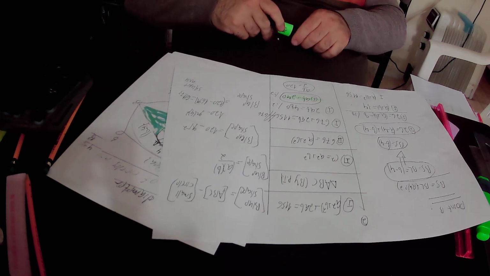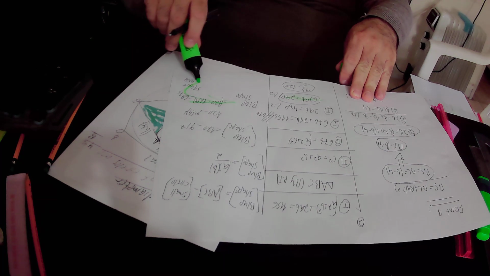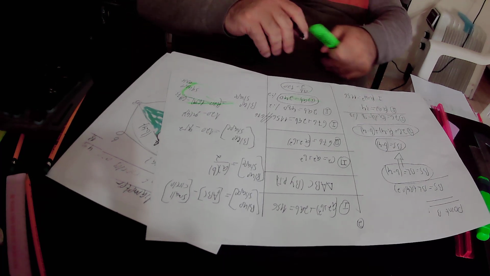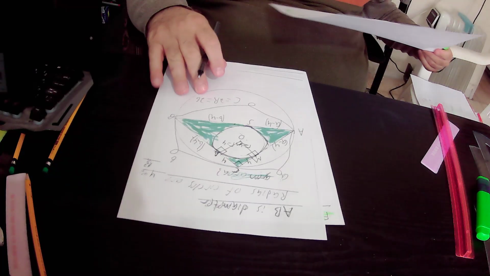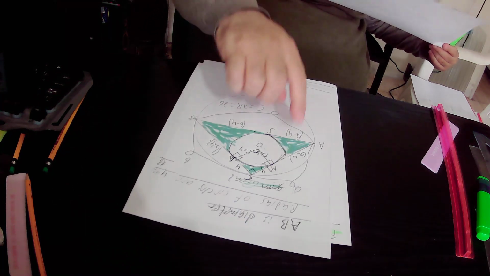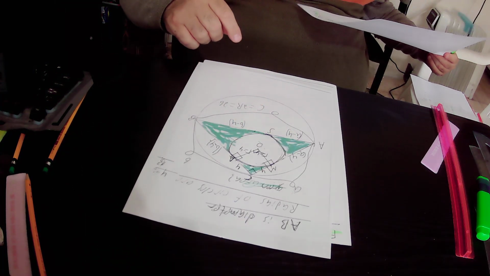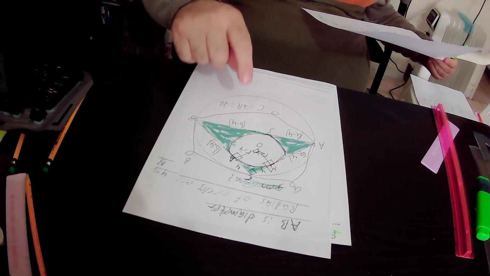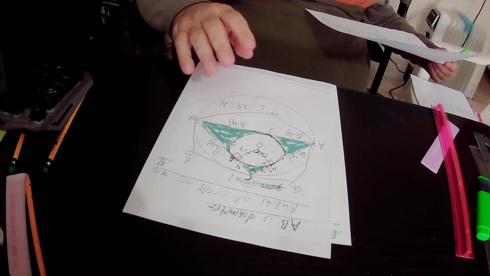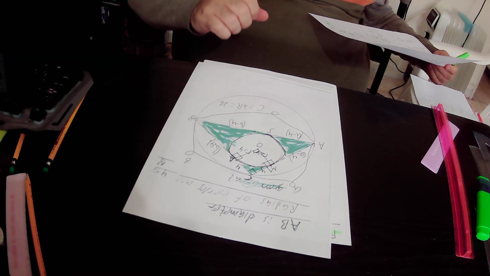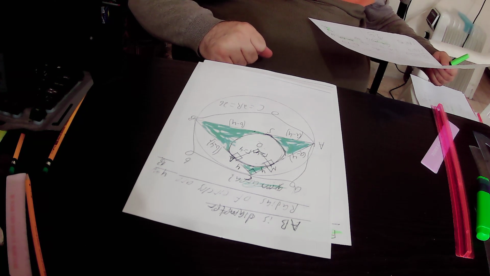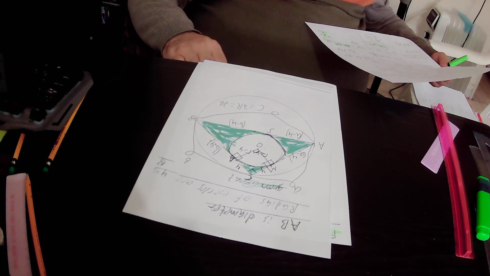I'll repeat again. The area of this blue shape equals either 120 minus 16 pi square units, or in terms of numbers, it is equal to 69.73 square units. So we finish with the first question.